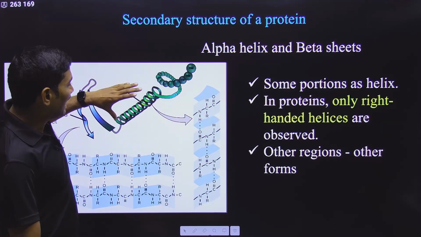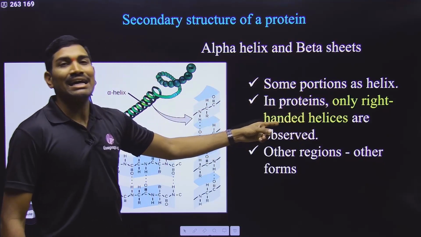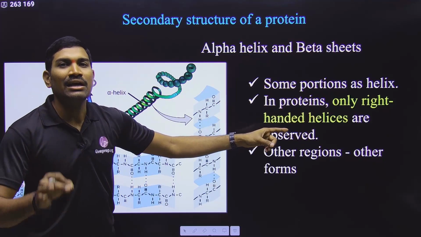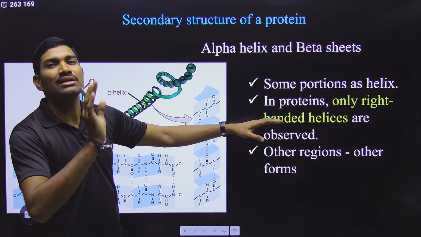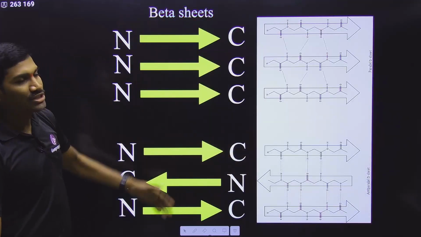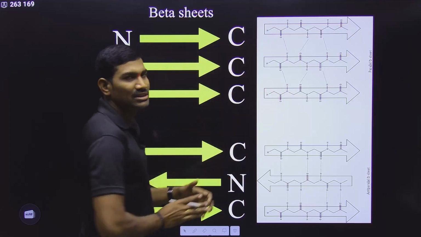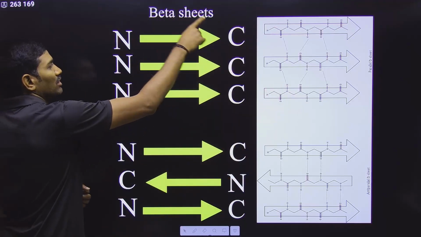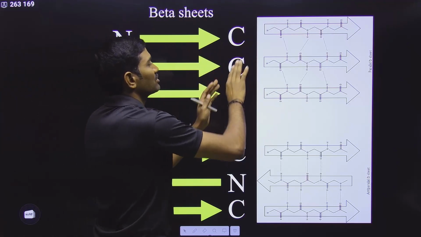But please remember, in proteins we are observing only right-handed alpha helices. In proteins we always observe right-handed coiling of the protein backbone. Clear? And next, regarding the beta sheets: in some cases, for all these portions, the N terminus is on one side and the C terminus on the other side.